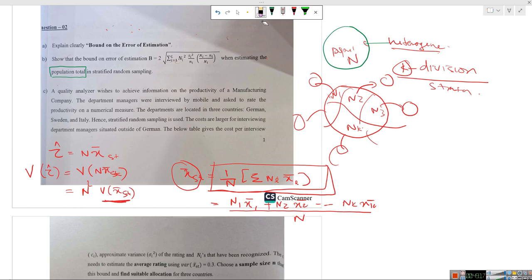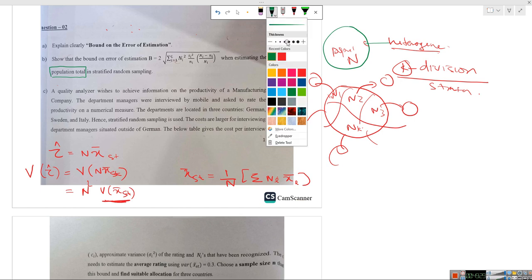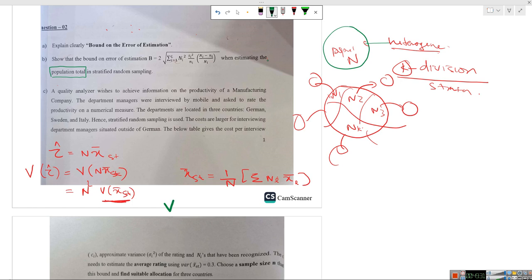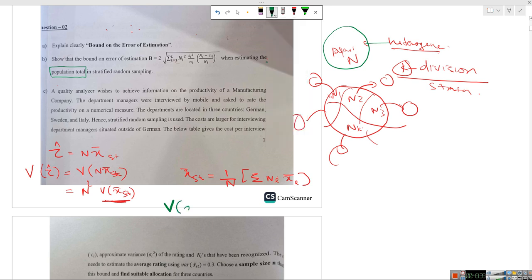For that, what I have to do is simple. Again I have to take variance on both sides of this equation. So variance of x bar stratified is equal to variance of 1 divided by N summation Ni xi bar.